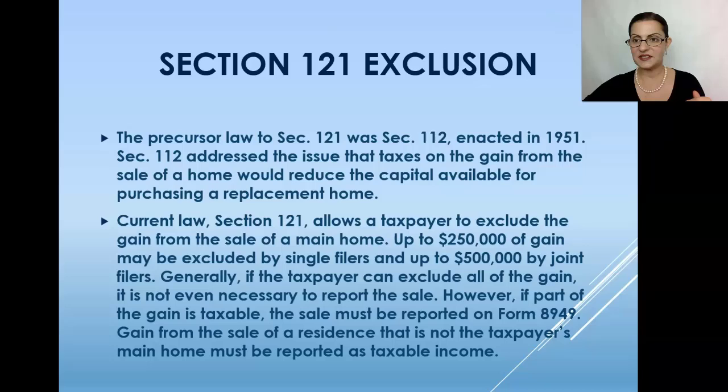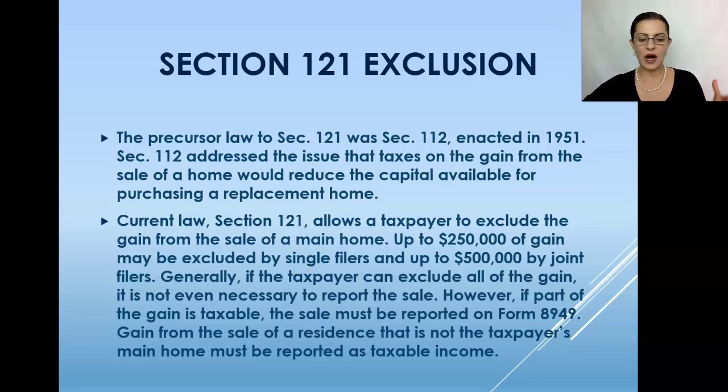Just experienced tax professionals who have been in this business a long time, especially if you practice in a state with very high real estate values like California, New York, anywhere where the real estate can be sold for over 500,000, 700,000, $1 million for a house. Many times you will get that underreporter notice anyway, even if it's a situation where all the gain can be excluded. So just save yourself the headache of having to respond to that notice.